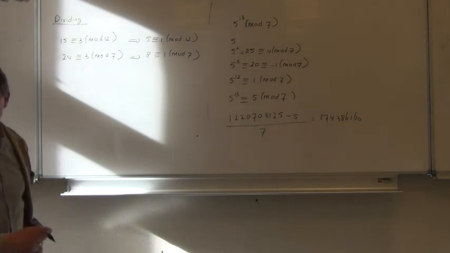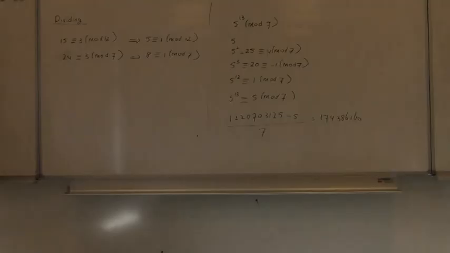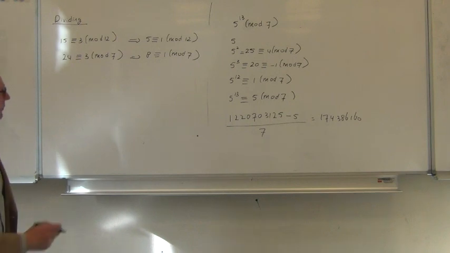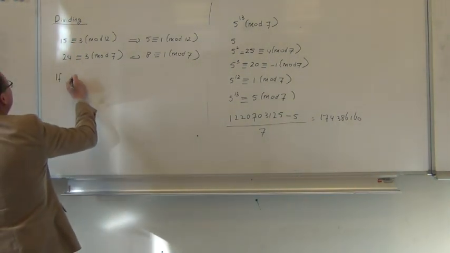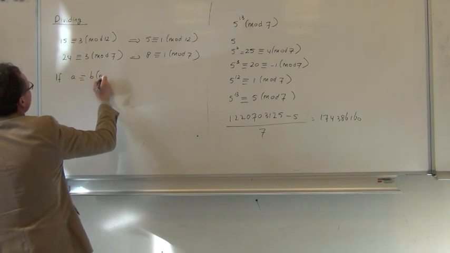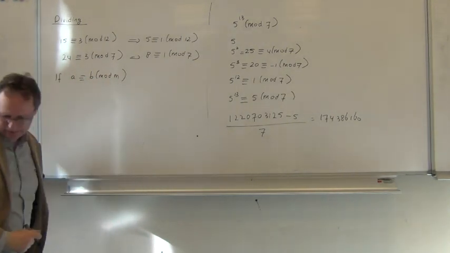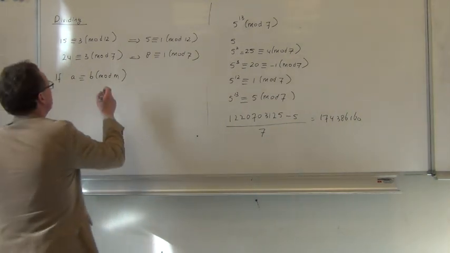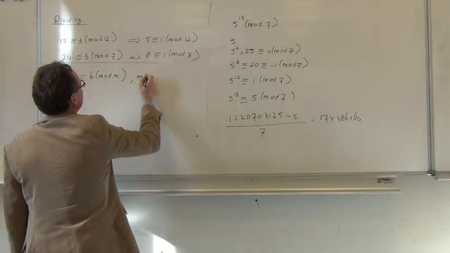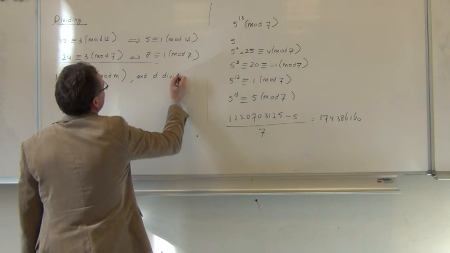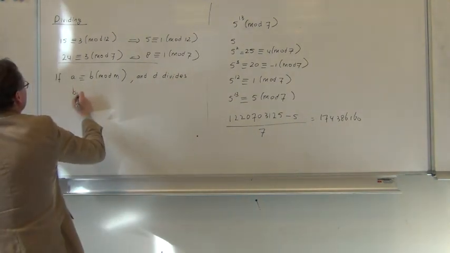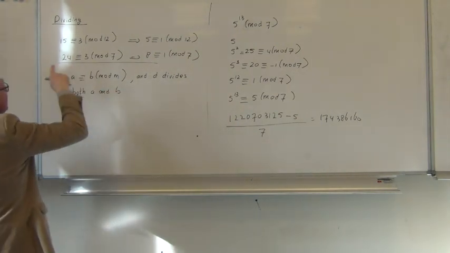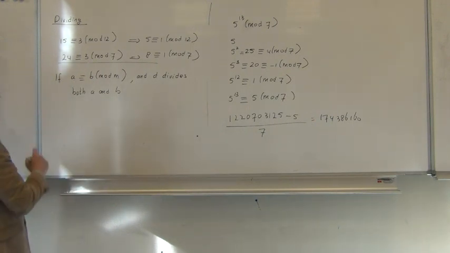Okay, so we can turn it into a general rule. We can turn it into a general rule by saying if A is congruent B modulo M and D divides both A and B, so for example we had the 3, it was dividing 24 and 3, then you can do the division.